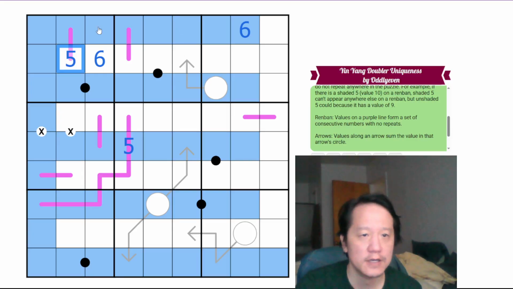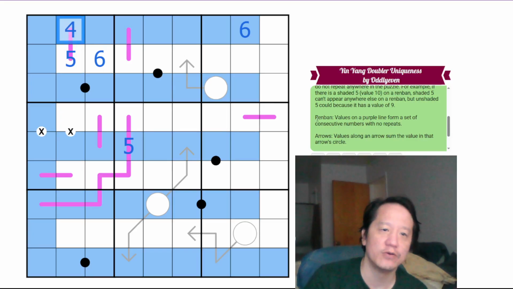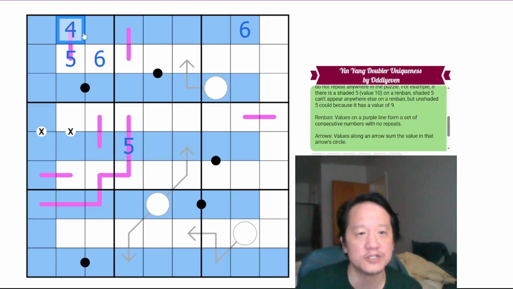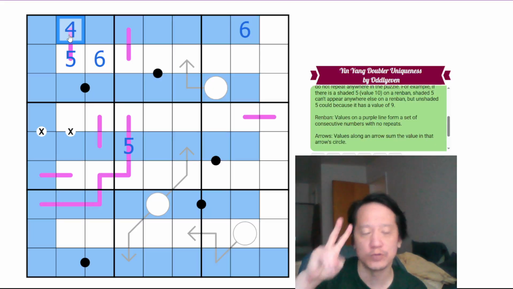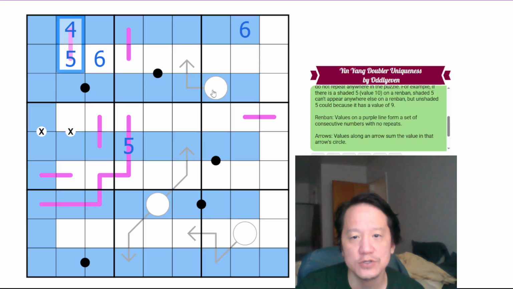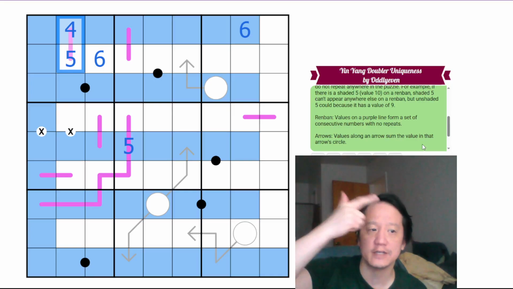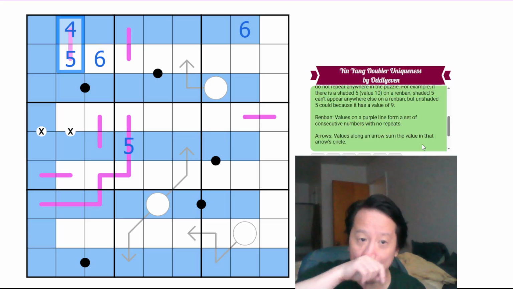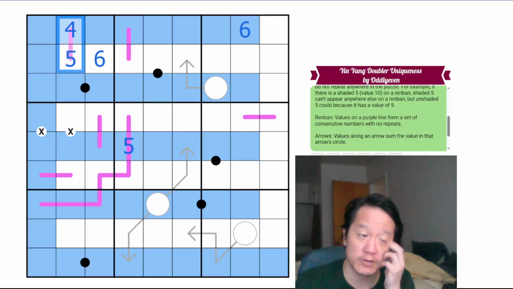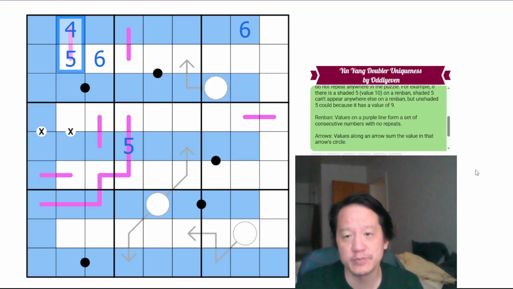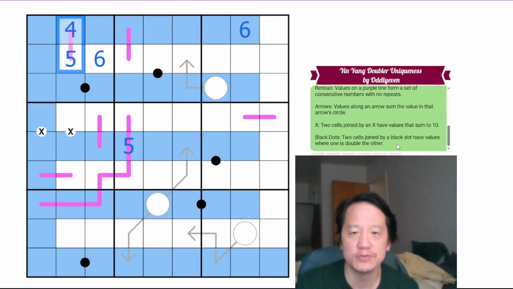And we could have a shaded 4 here, which would have a value of 2 times 4, which would be 8. And then the values form a set of consecutive numbers, which would be 8 and 9. Any other combination actually would not work. So that's an example of how Renban works.